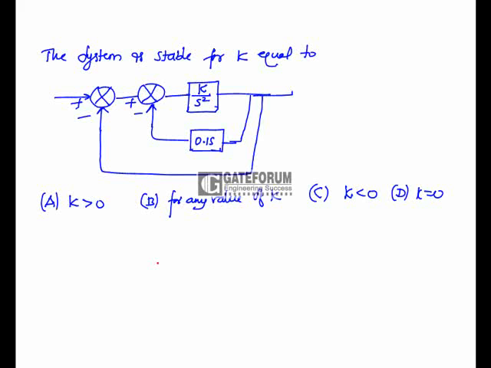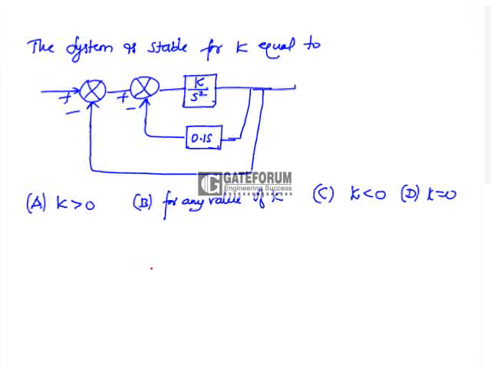For this question, a block diagram is given, in which we have a gain k. We have to find for what value of k the system is stable. First we have to find the characteristic equation. From that we can analyze the root locus, or we can use the Routh-Hurwitz criterion.